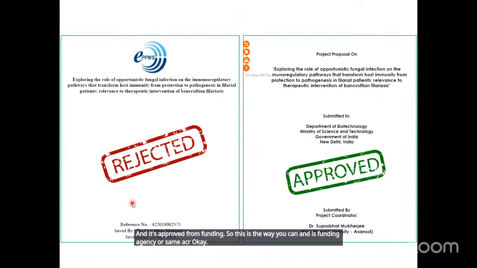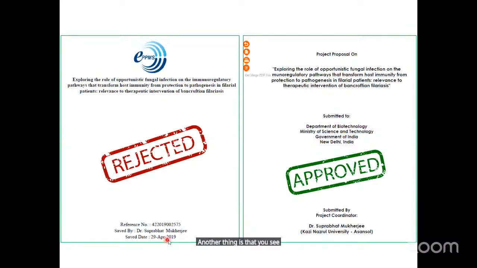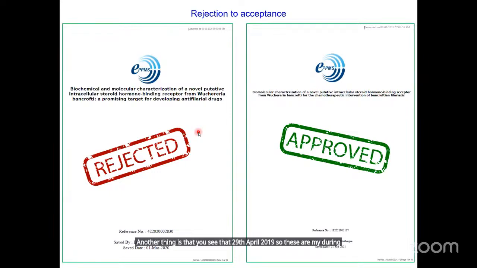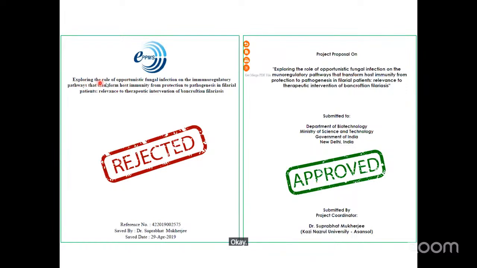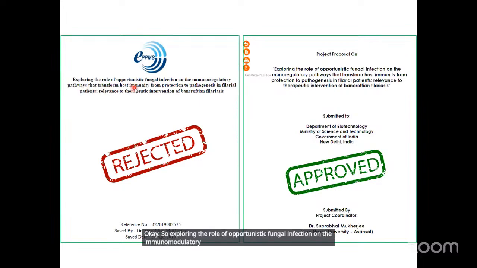Another thing is that you see 29th April 2019. So this was during my early career, because at that time I was quite young, 5 years back. At that time I used to work on filariasis. Okay. So: exploring the role of opportunistic fungal infection on the immunomodulatory pathways that transform host immunity from protection to pathogenesis in filarial patients, relevance to therapeutic intervention.